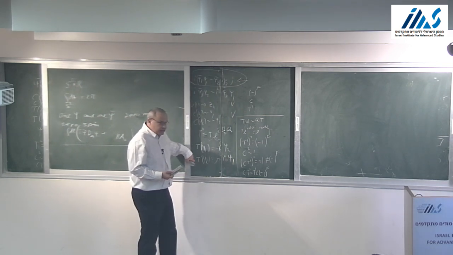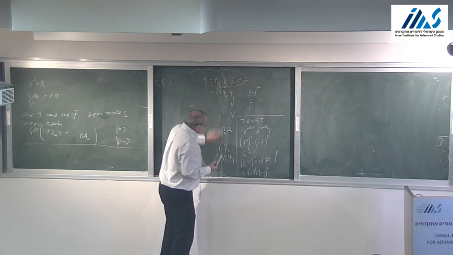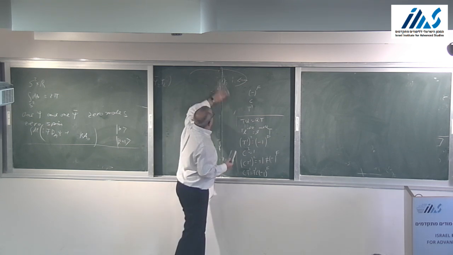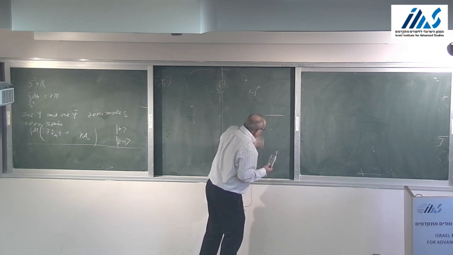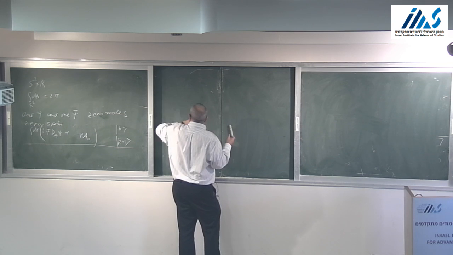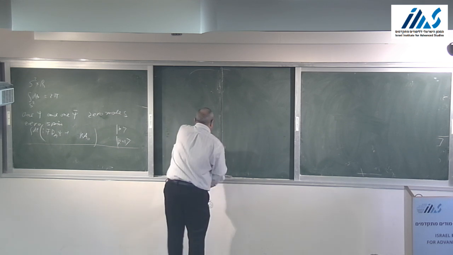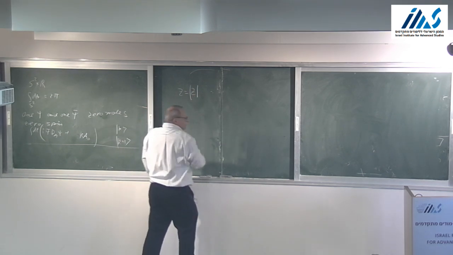In fact, that's one of the reasons I went through this quantum mechanics in so much detail, because it exhibits all these subtleties in a setup where we could actually write down very explicitly in terms of elementary functions what the partition function is. So the full partition function is its absolute value.